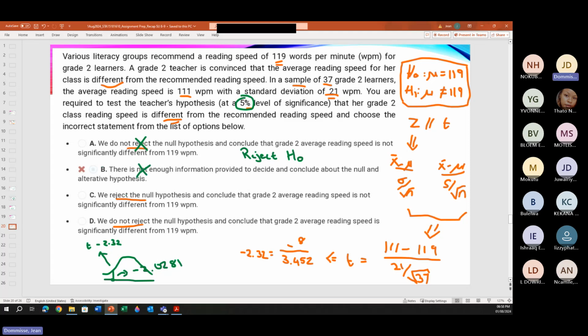We reject the null hypothesis, and conclude that grade 2 average reading speed is not significantly different. So reject the null hypothesis, and then we conclude that it is not significantly different.